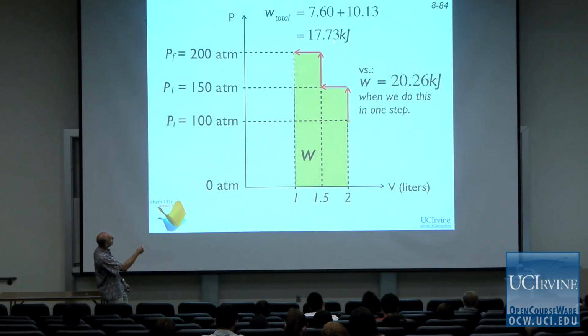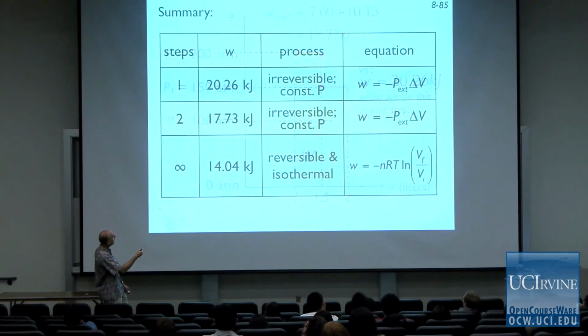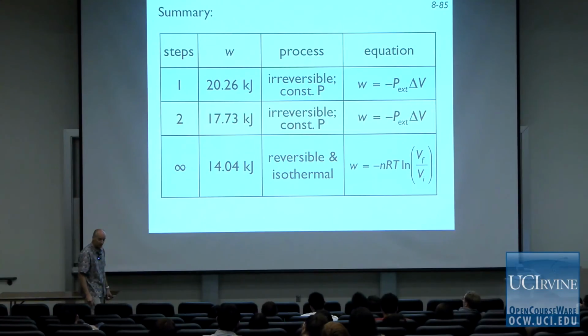And by golly, that's lower than either one of these. We did it in 1 step, it was 20. We did it in 2 steps, it was 17. And now it's 14. So this is reversible isothermal compression. Reversible means you crush the brick up into 1,000,000 flakes and add 1 at a time.